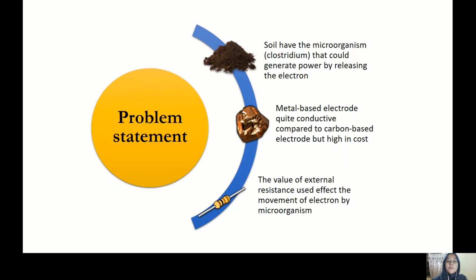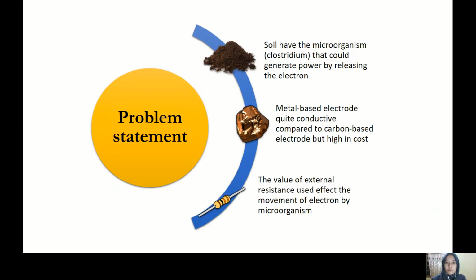The first problem statement is based on the research study that I made. A lot of researchers used wastewater and food waste for this MFC system. So here I continue the experiment using soil for the MFC, because soil has microorganisms that could generate power by releasing electrons.